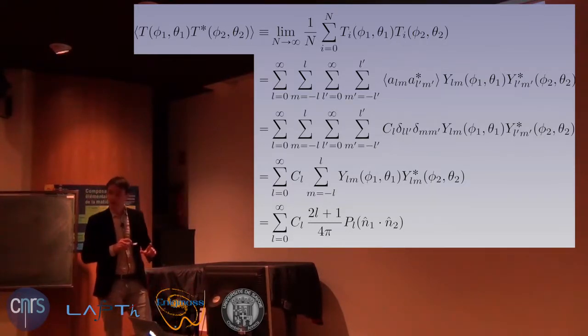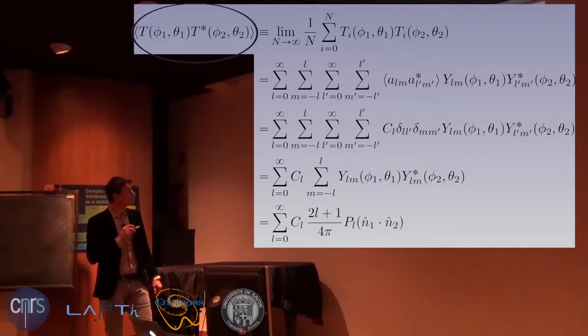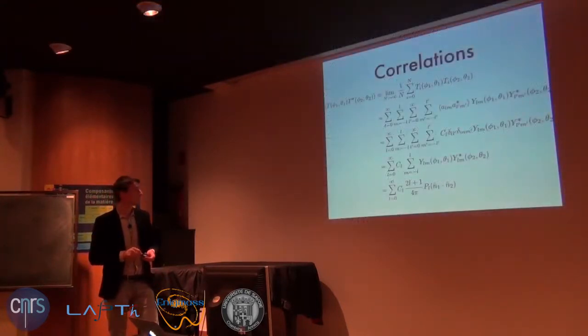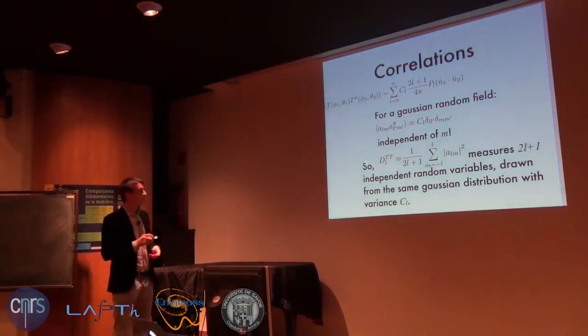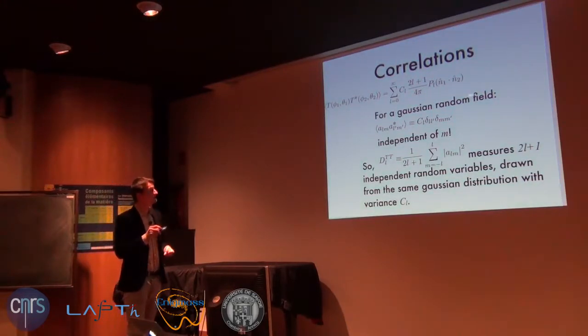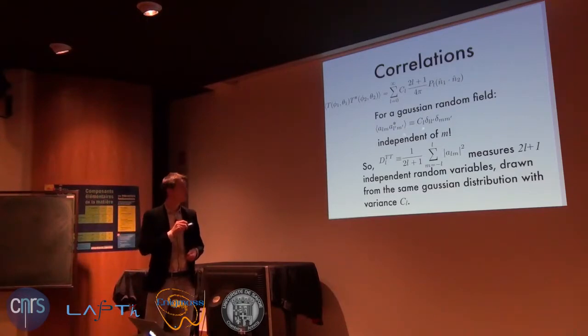So if the CMB is given by a Gaussian random field, then this cross-correlation of the temperature in different spots is given by these CLs. And these CLs are the correlation function of the cosmic microwave background. So back to the statement. For a Gaussian random field, that cross-correlation of ALMs is given by a function of L only, independent of M.